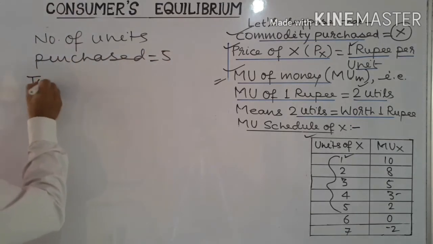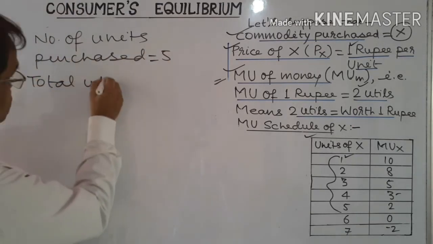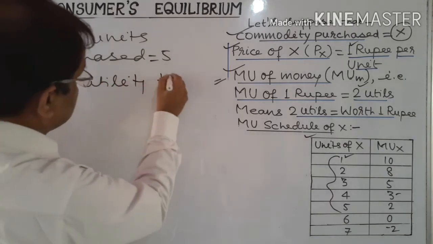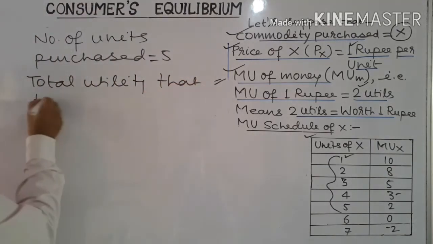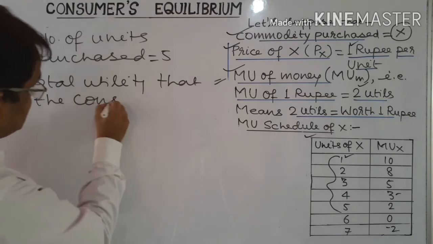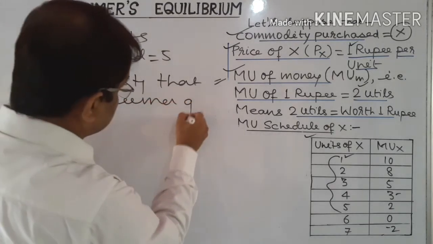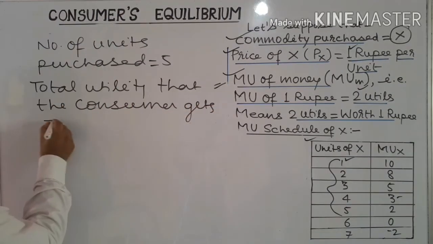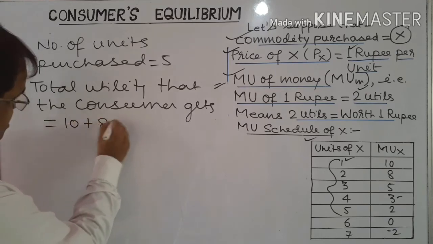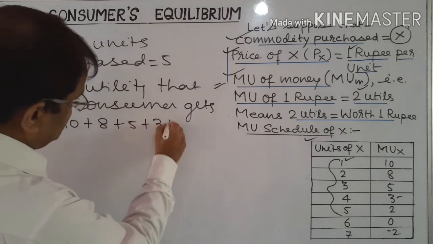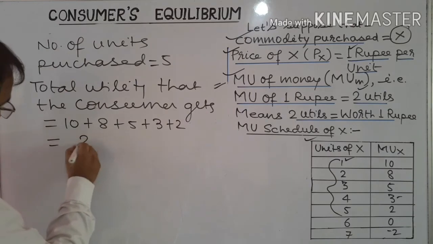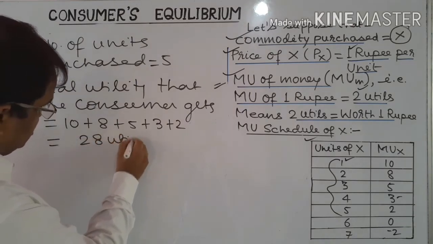And what is the total utility that the consumer gets, the maximum satisfaction, is equal to 10 plus 8 plus 5 plus 3 plus 2, that is equal to 28 utils.